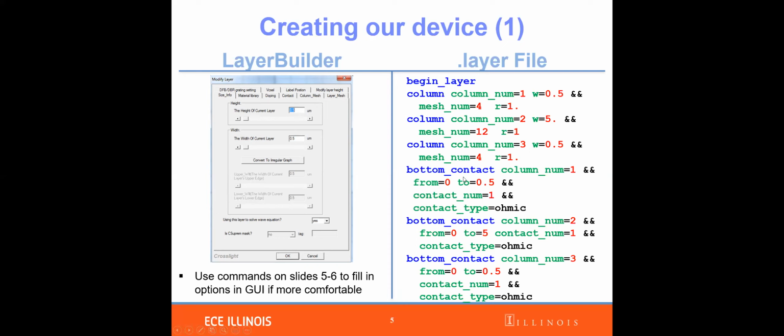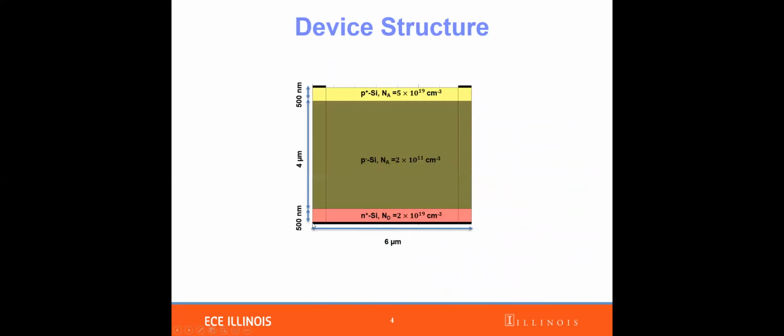And we define our bottom contact to be ohmic. We have 3 bottom contacts because for each individual column, we're going to define it individually. So in column 1, we define the bottom contact from here to here.